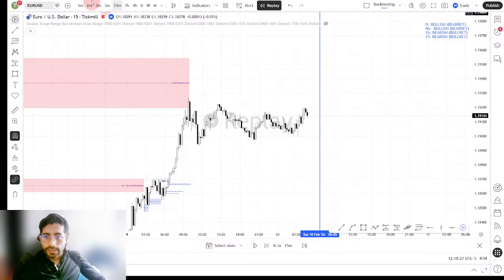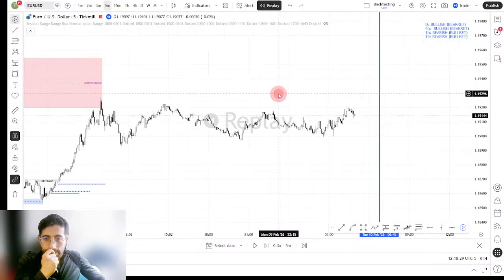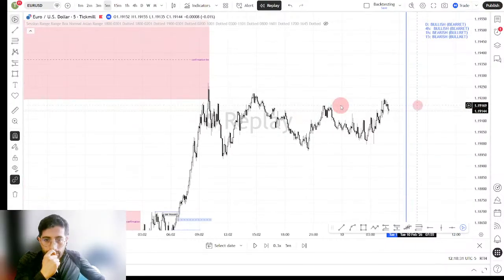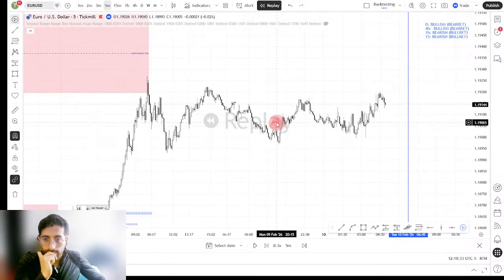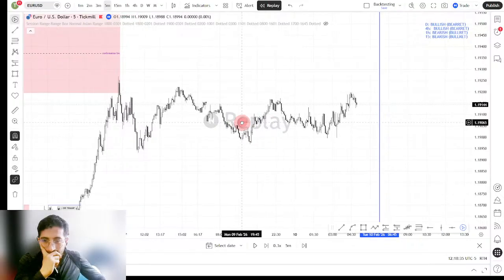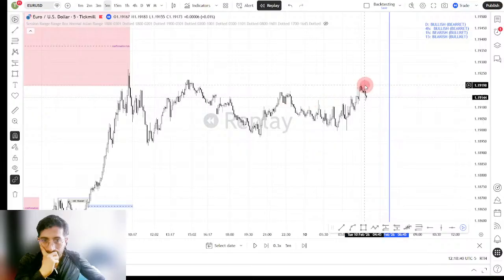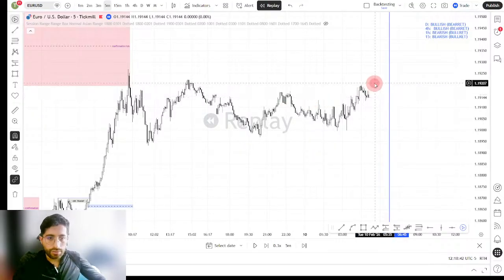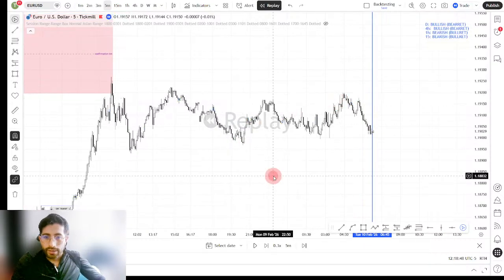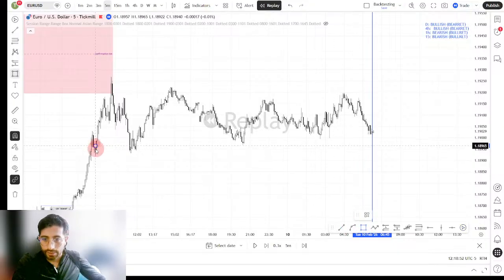Right, so let's continue with the backtesting. The reaction was here. We have not executed any order at the moment. I'm just waiting here for confirmations. The price is actually trapped here.